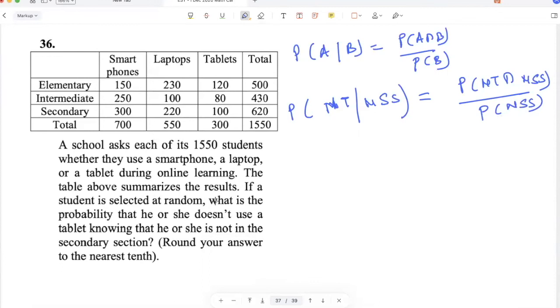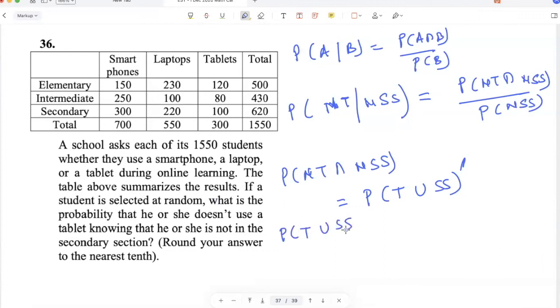Okay, so the probability of no tablet intersection no senior secondary will be the probability of (tablet union senior secondary) complement.